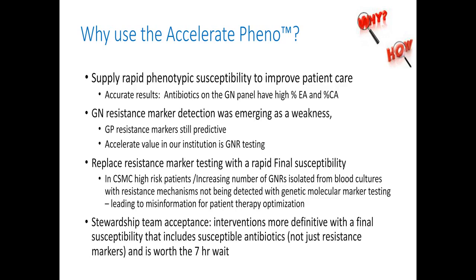That being said, you do need to look at the gram-positive panel and realize there are potential, some small, but potential issues, such as speciation of the streptococci with the gram-positive panel that had moved some of us into just using it for the gram-negative application. But I still think that it has a very strong use for the organisms that do exist on the panel. So I could see institutions moving into using it for both gram-positive and gram-negative.